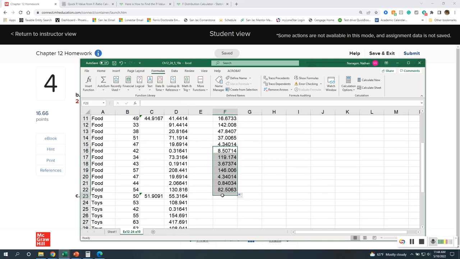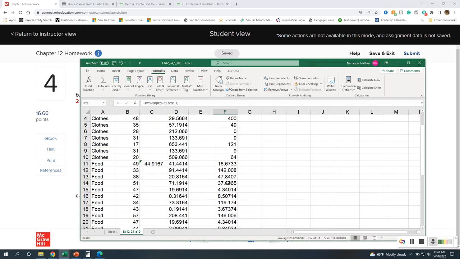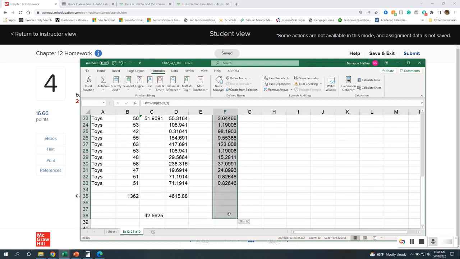Let's go down all the way to food, and then finish it off with toys. Again, remember to add the power. Minus 51.9091, comma, 2. There we go. And again, highlight and auto sum.